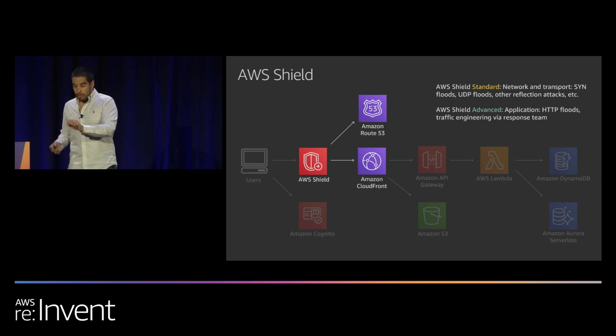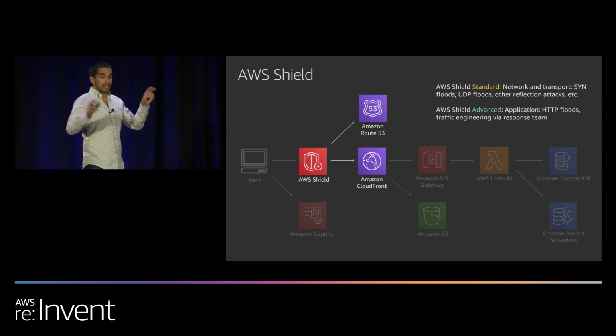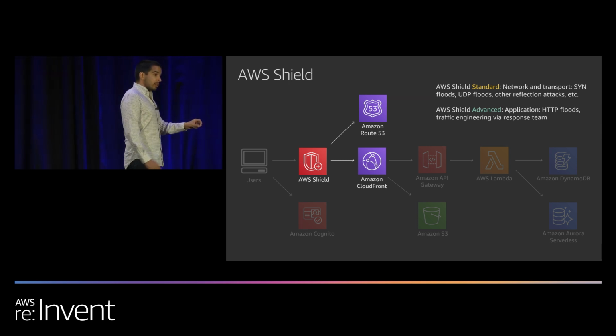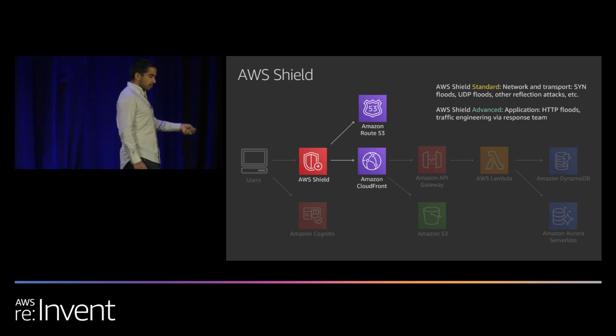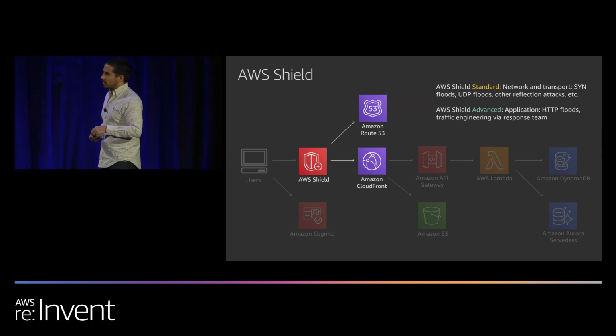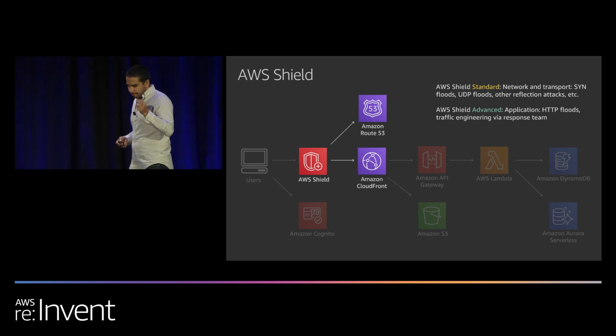So what you need to remember here, just because you're doing serverless and AWS is doing the scaling for you, it doesn't mean you're not vulnerable to DDoS. You still need to consider a sophisticated DDoS mitigation service, especially for those enterprise-grade serverless apps.